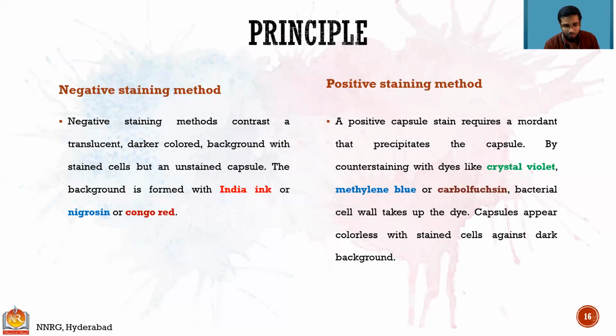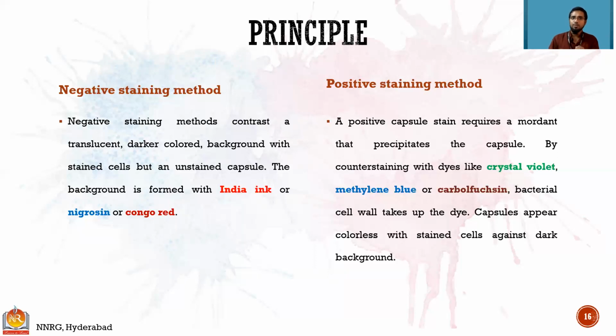Let us see the procedure. There are basically two methods: the negative staining method and the positive staining method. Negative staining contrasts a translucent, darker colored background with stained cells but an unstained capsule. What it means is the bacterial cell absorbs the color.